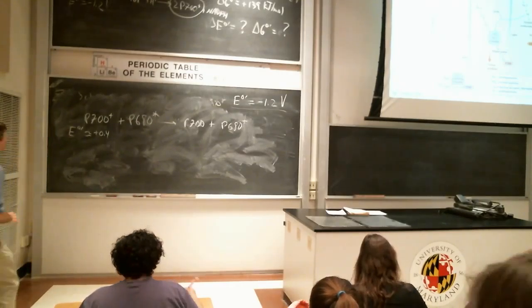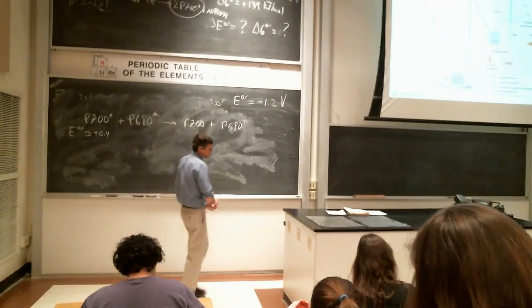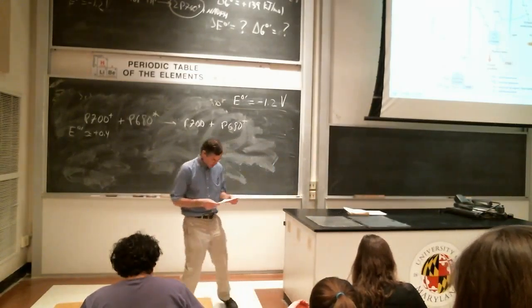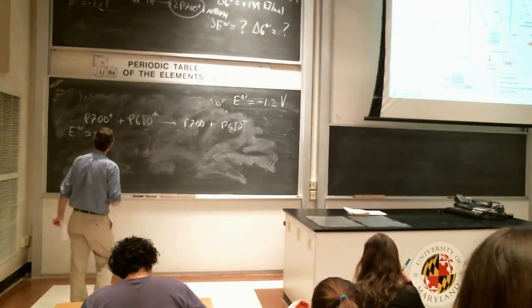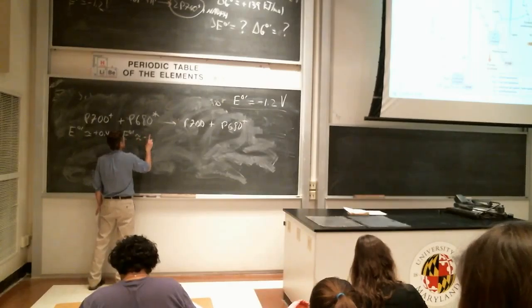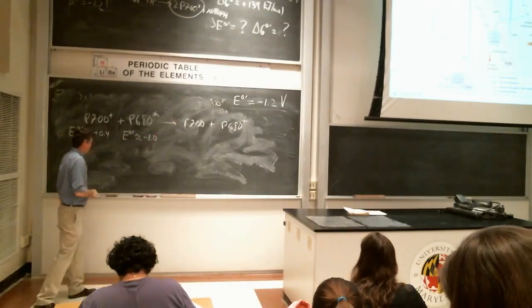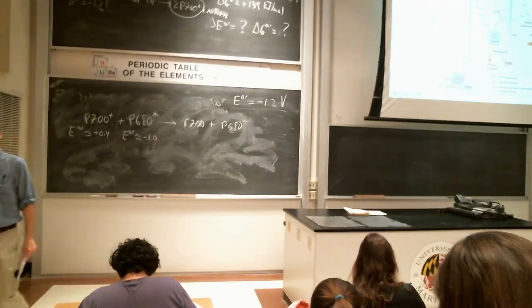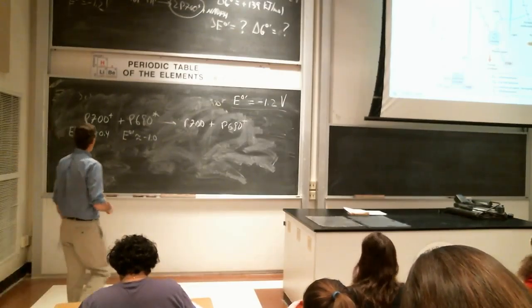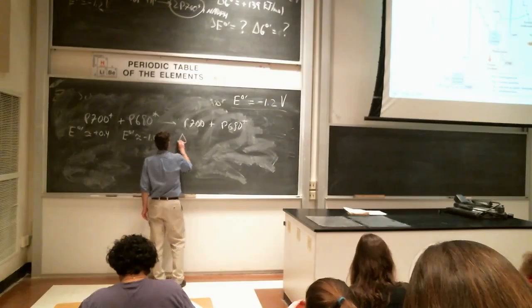Well, let's look at that. But what you see is that P680 star is, again, a pretty strong reducing agent. Its reduction potential is about minus 1. And so again, if you figure out the delta E and delta G, you'll find these.